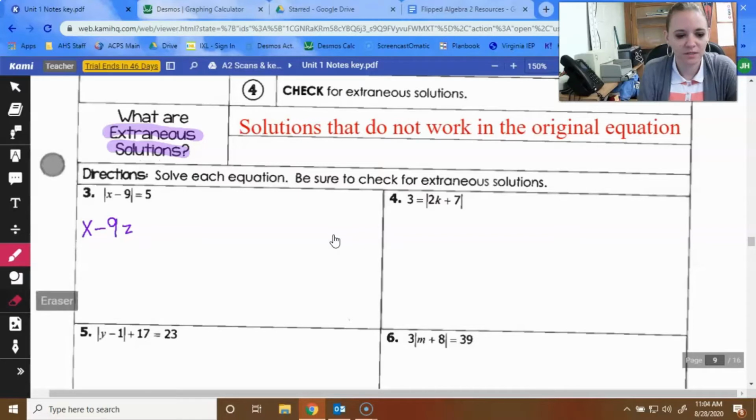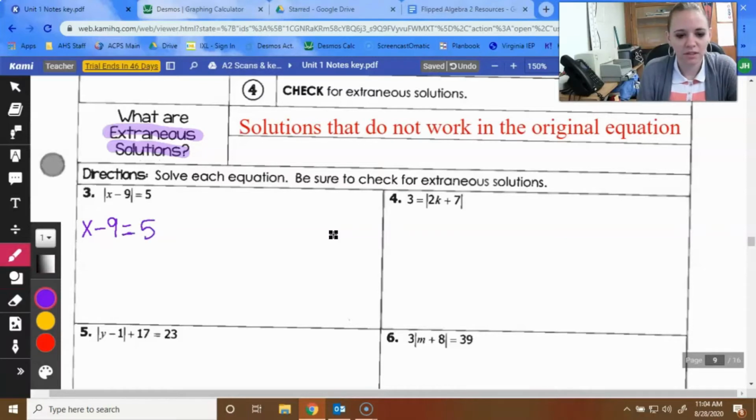Oh, that is not a Z. And so that's case 1. And then case 2 is where this result can also be negative 5. So x minus 9 equals negative 5.